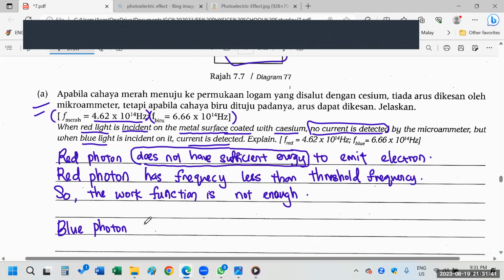Blue photon has frequency higher than threshold frequency.